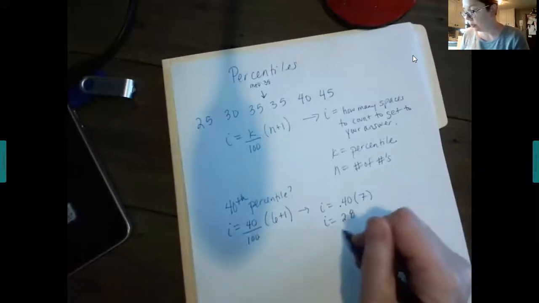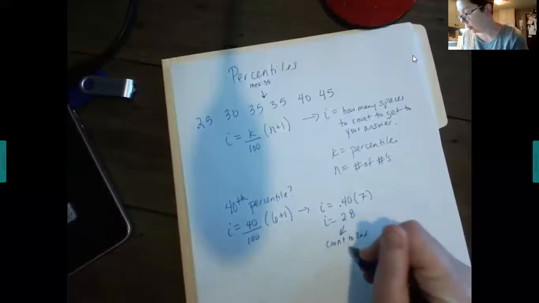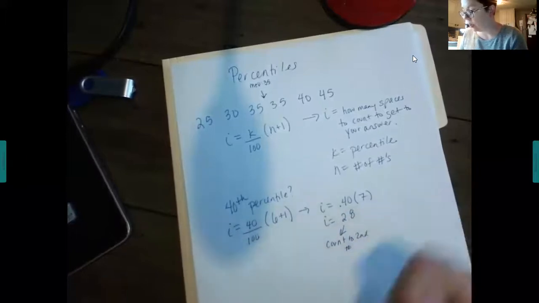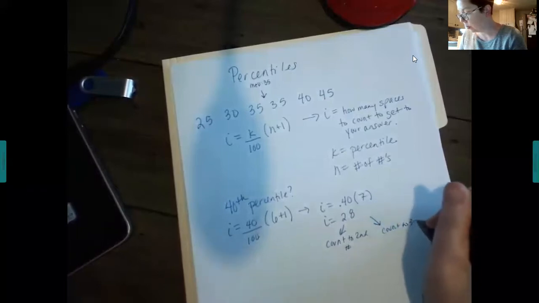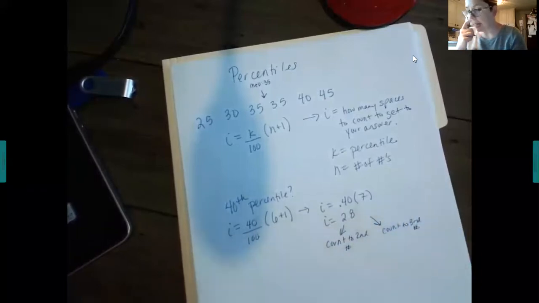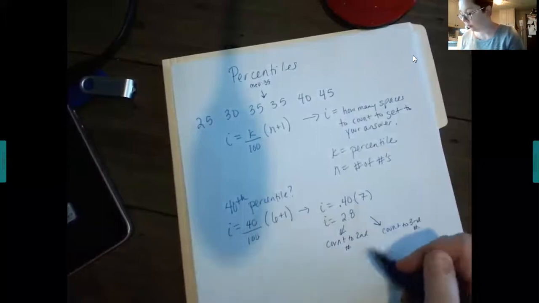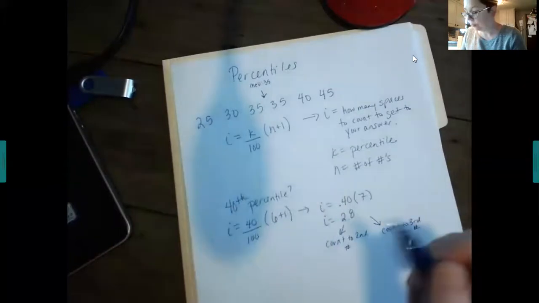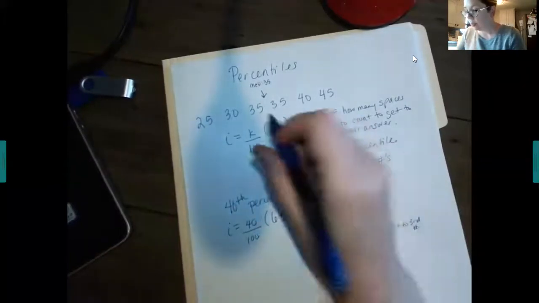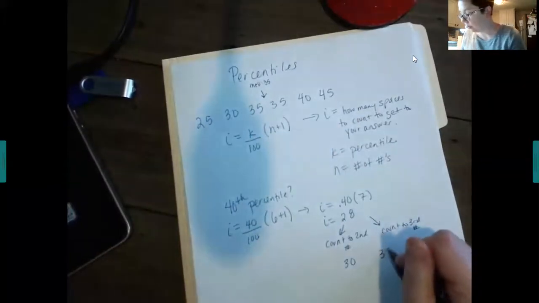So we count to the second number, and rounding up, we count to the third number, and then we're going to add those and divide by 2. We divide by 2 since we have 2 numbers. So the second number is 30. The third number is 35.